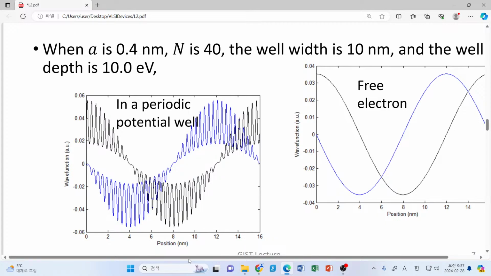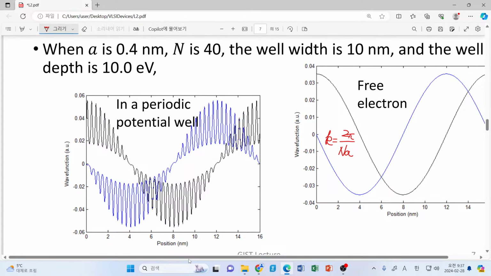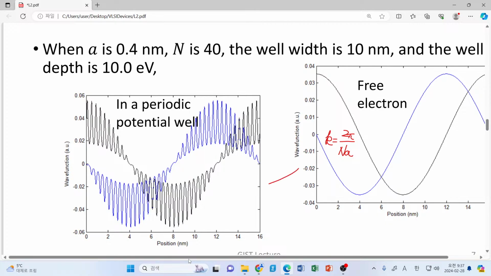This is the K value, the lowest available K value, the very first one, 2 pi over our length scale, and we have a similar situation, but the wave function looks much dirty, or not very beautiful, and it shows so much up and down, up and down.